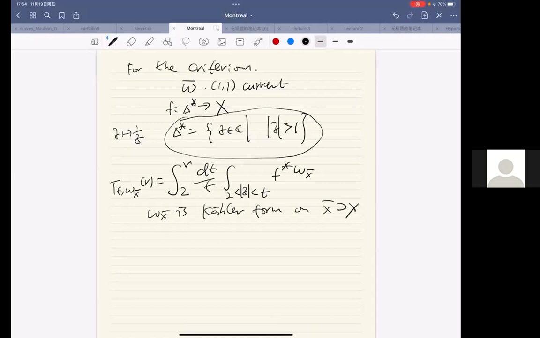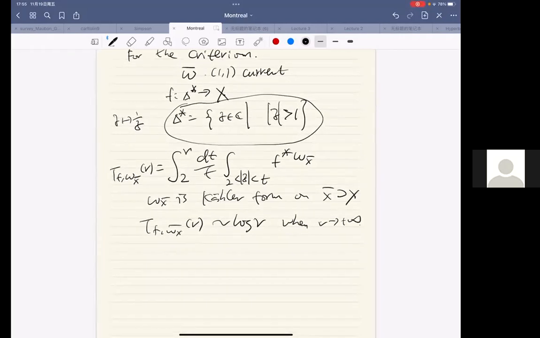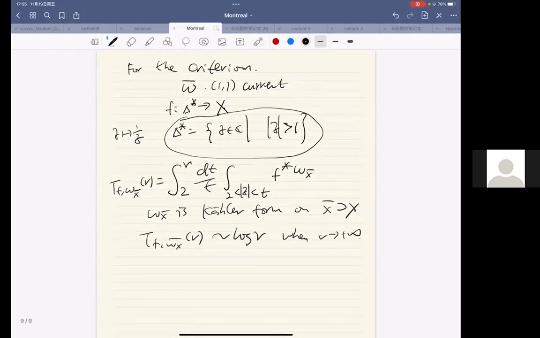And Nevanlinna theory tells us that if this has a growth of log r when r tends to infinity, then f will extend across the point at infinity. We already know this for projective manifolds, but for Kähler manifolds it's not written in the literature. We use some Bishop theorem to show this, but it's not hard.